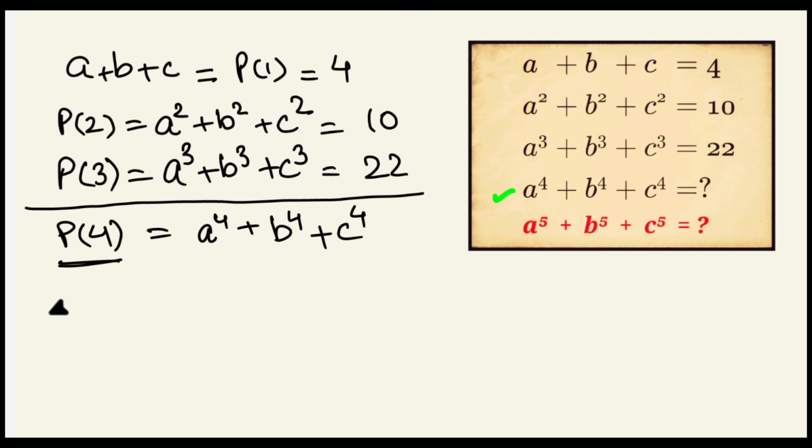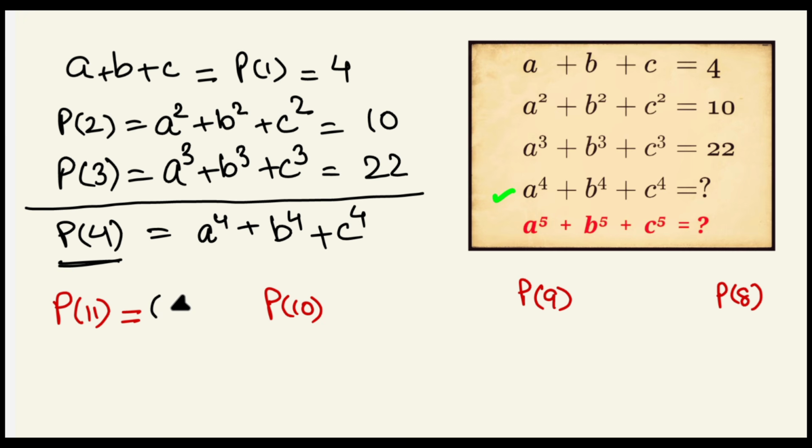Say for example, if we had to find p11, that is a to the power 11 plus b to the power 11 plus c to the power 11, then we'll try to find a recursive relation in which p11 will depend upon p10, p9 and p8. So we will need to find the coefficients which will come here, here and here.